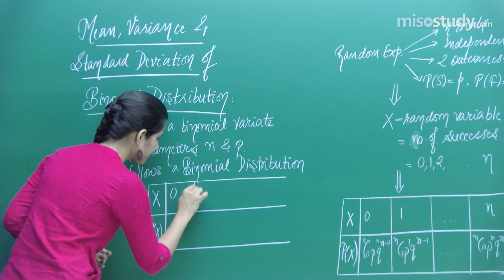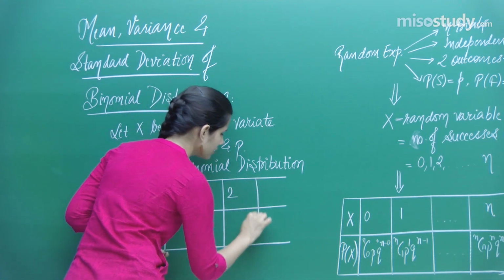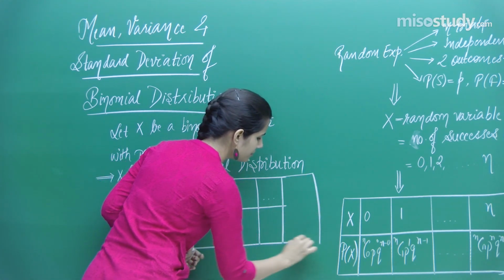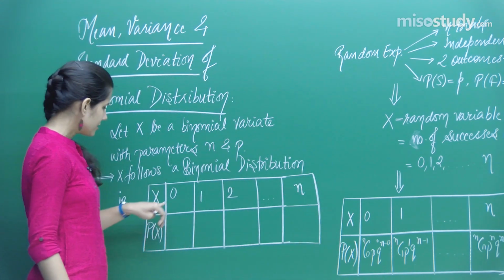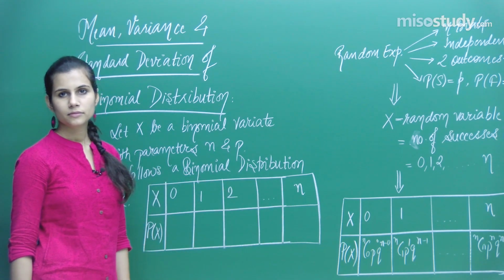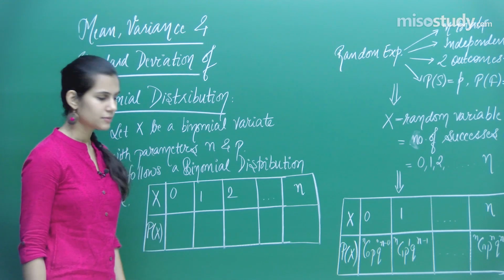So 0, 1, 2 and so on up to n. This is x1, x2, x3 up till xn, or I can say x0, x1, x2 up till xn.